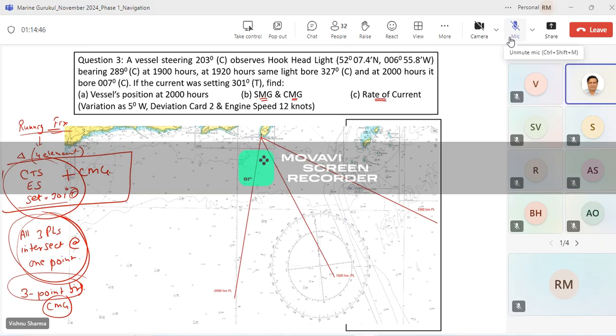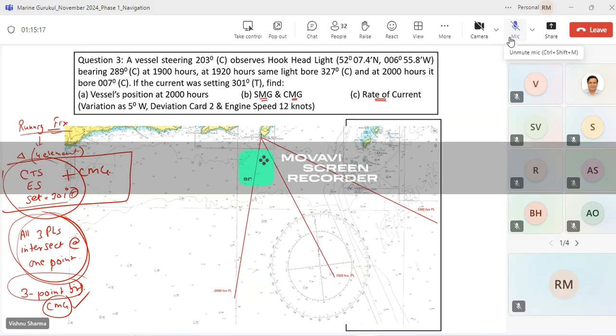People have filled up half the book on 3-point bearing without current, with current, with wind, with current and wind. No. The 3-point bearing method comes to an end the moment it gives you CMG. After that, it's the game of running fix. And running fix is a game of vector triangle, so what lies at the heart of the working is the vector triangle.